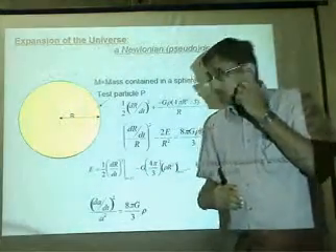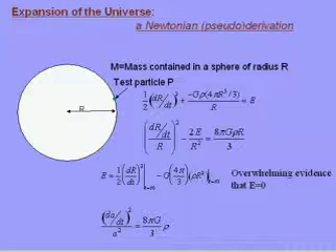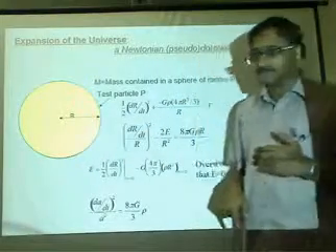Consider the universe to be made of a uniform sea of matter, and consider two particles, one at its center, and another at this point. Now let us study the dynamics of this test particle with respect to this center.